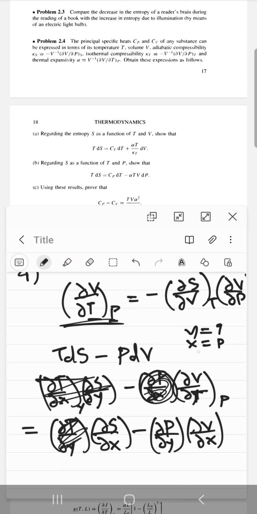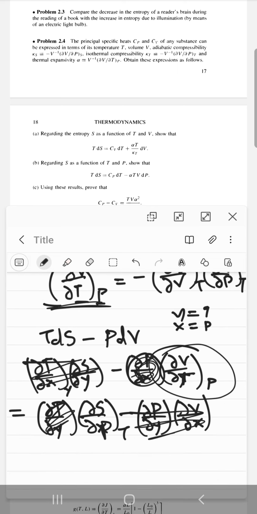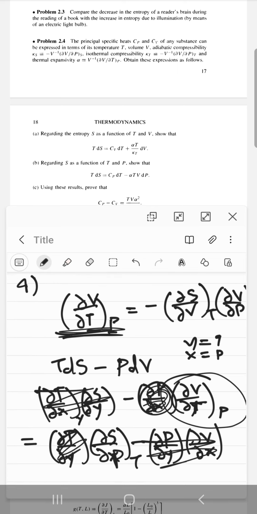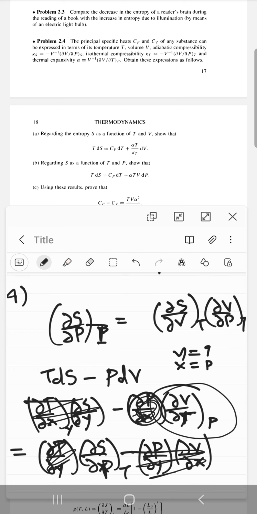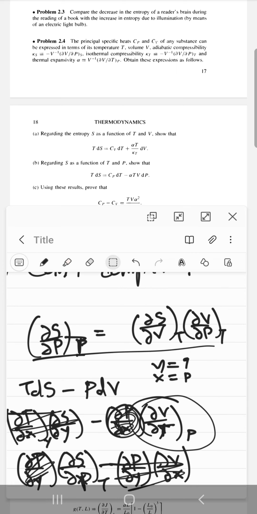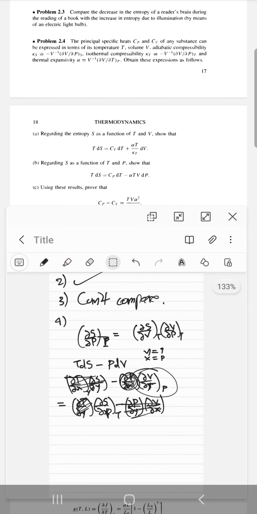This term will be 1, and then X is pressure, so this term is gone. So essentially partial S by partial P at constant temperature is just partial V by partial T at constant pressure. You can convert that to this thing, take that negative, and now what you have is partial S by partial P at constant temperature. And now this is trivial, this is just a chain rule, isn't it? So next question.